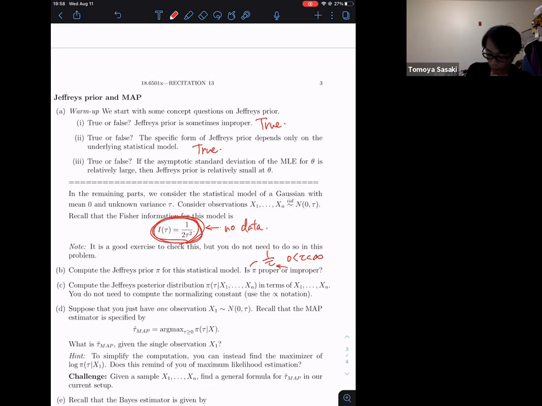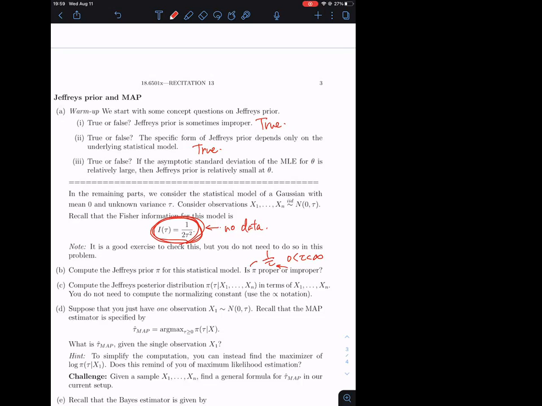And the last one is a little bit tricky, and I need to run it around my head as well. If the asymptotic standard deviation of the MLE for theta is relatively large, then Jeffreys prior is relatively small at theta. What do you think about this?